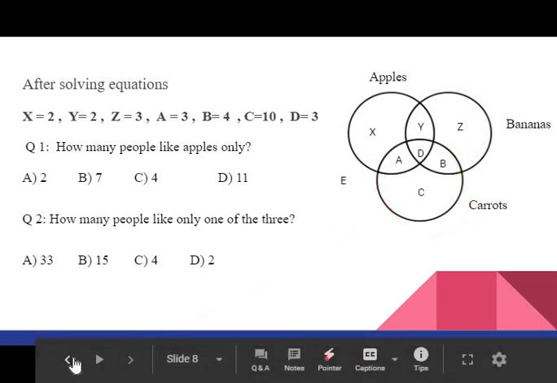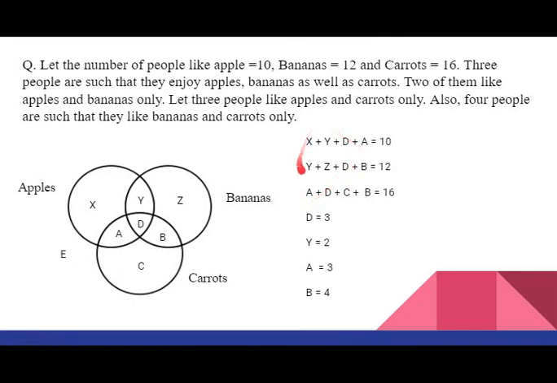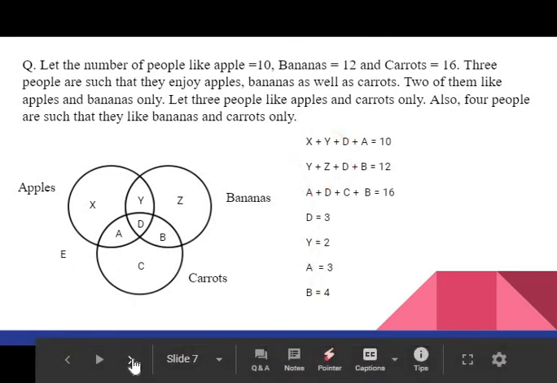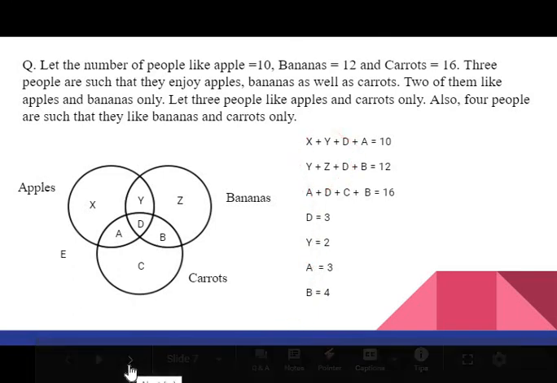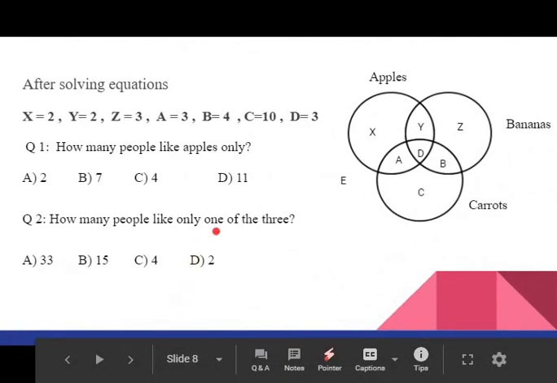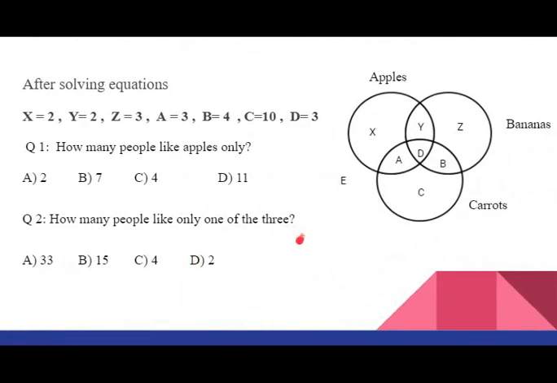But in the previous equations there is no E mentioned, so here the value of E will become 0. So for solving this type of question, remember you have to assign some variable to the outside region also. If there is no need for this variable, then the value of E will become 0, or it will not be in the equation.